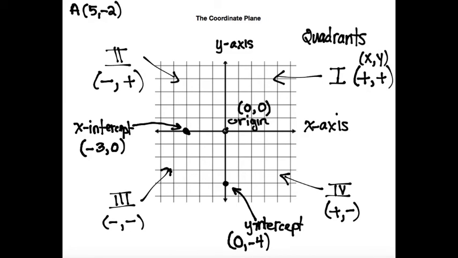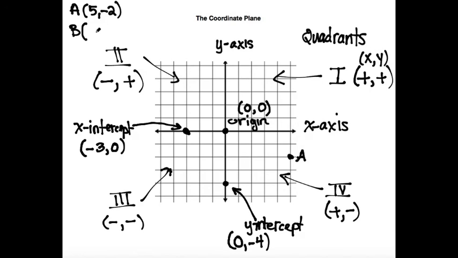Since it's positive, we're going to go to the right 5: 1, 2, 3, 4, 5. Then we have a negative 2. Negative 2 is the y value. Negative means we're going to go down, so we're going to go down 2: 1, 2. So my point is right here, point A.